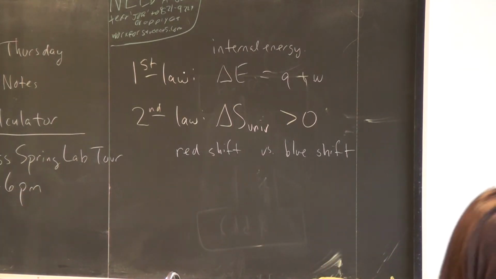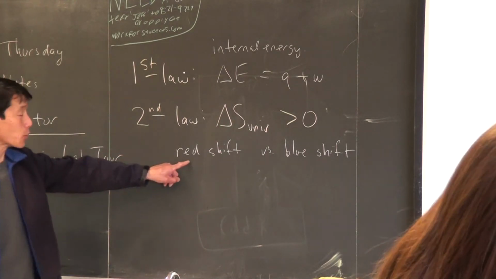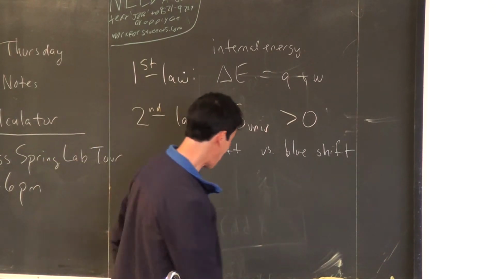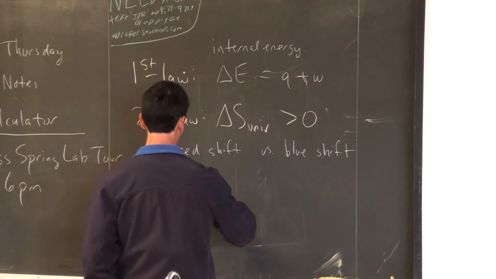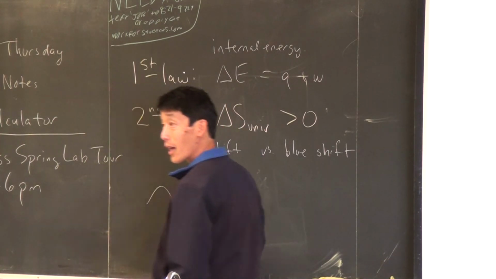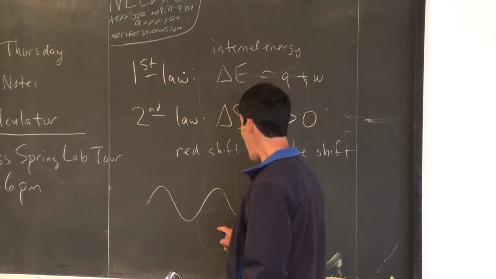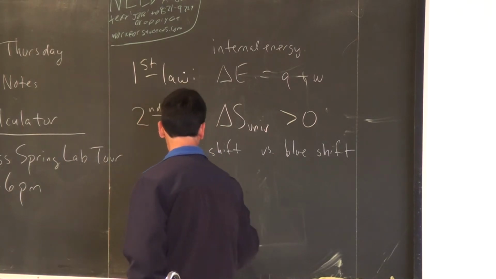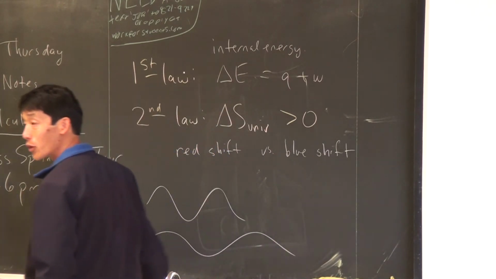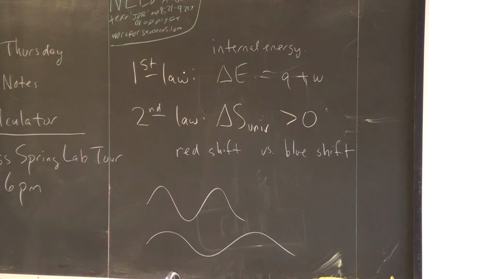Red or blue? It's red. It's a red shift. So note that in the red shift, if this is a wave, and the universe is expanding, the wavelength is actually getting longer. So that represents the longer wavelength, which is going toward the red.